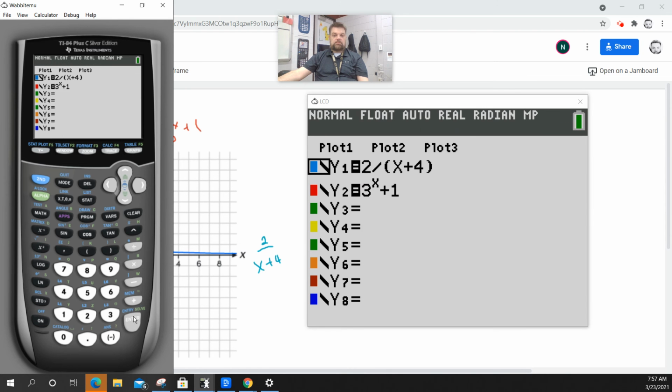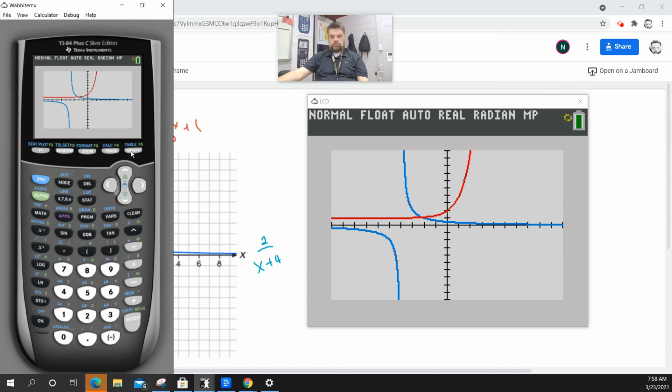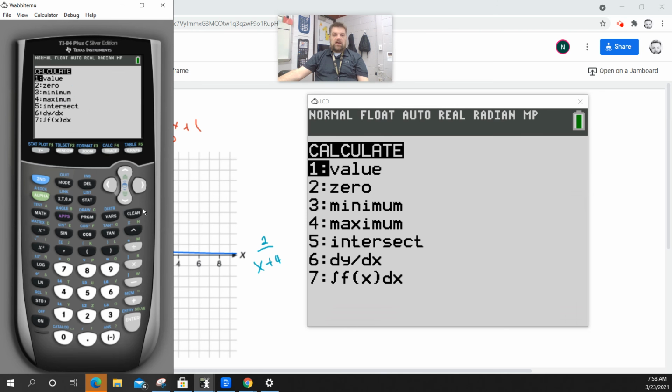All right. So now I'm going to graph that. And what I'm looking for is where they intersect. So if I hit second, and then see this word where it says calc, that's the calculate menu. Option number 5 is the intersect.